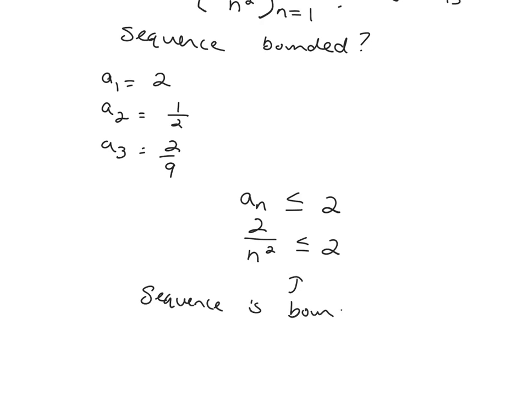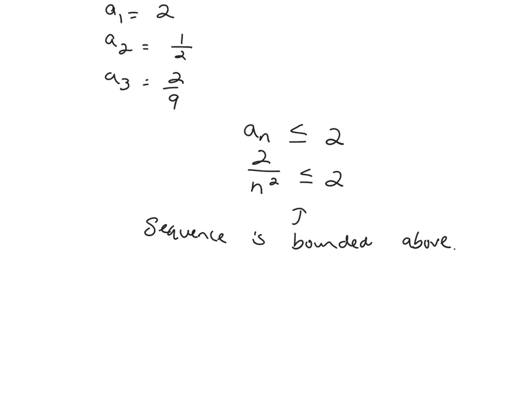Wouldn't it be bounded by 2 and 0? Yeah, you just told me it's bounded by 0 as well, right? How did you know that it was bounded by 0? It's always going to be positive. So I know that 2 over n squared is always positive, so it's actually strictly greater than 0.